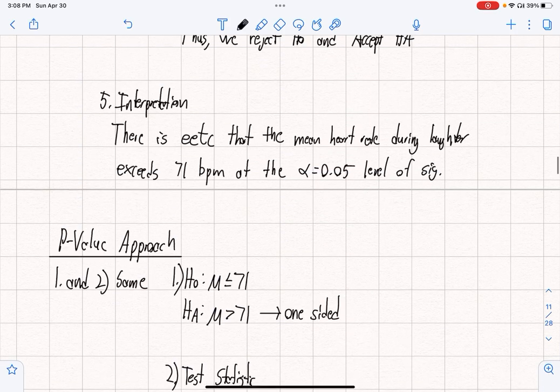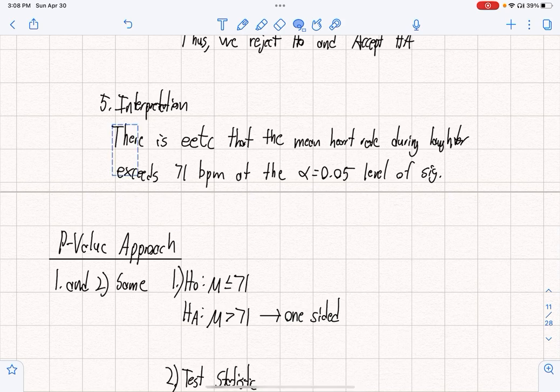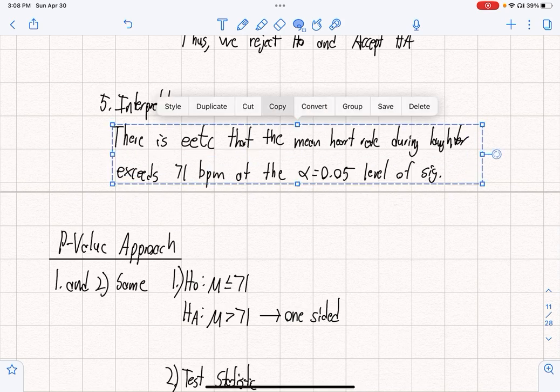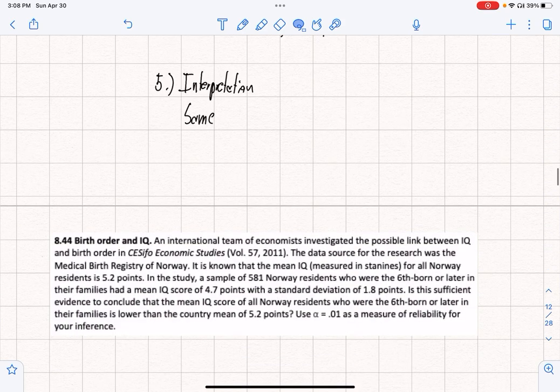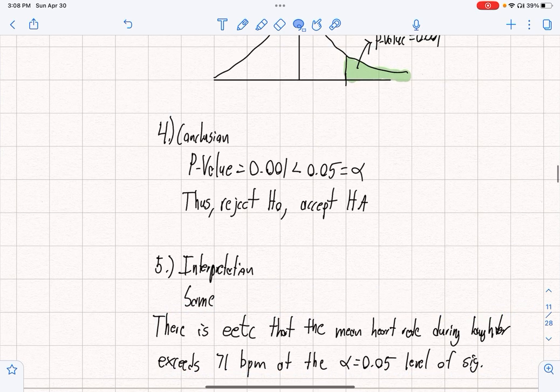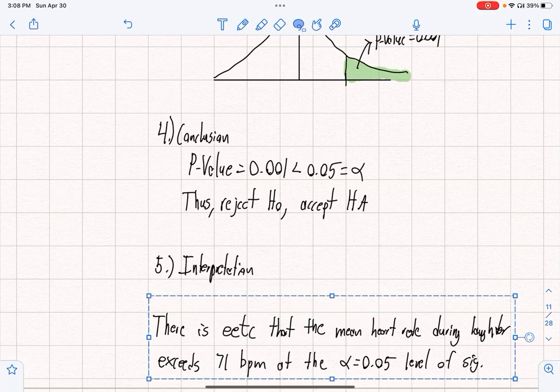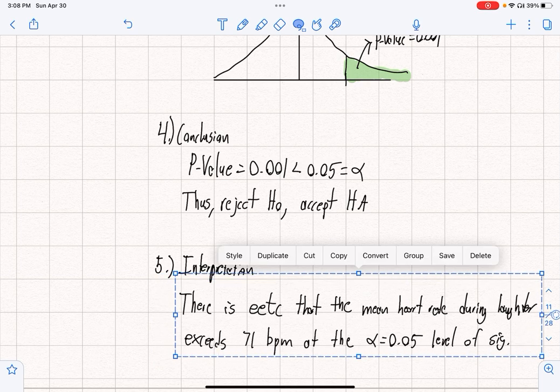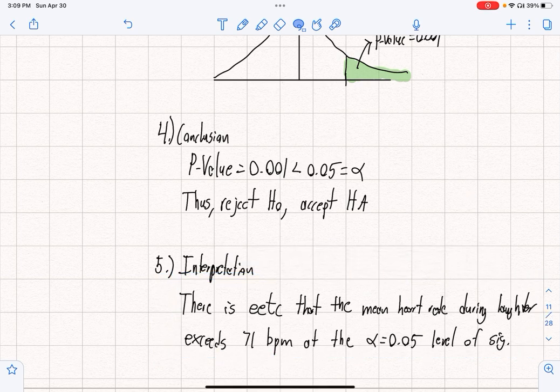So if I want, I could just copy this down here again. If I don't want to be lazy and just say same, I can. So we would still say there's enough evidence to conclude that the mean heart rate during laughter exceeds 71 beats per minute at the alpha equal 0.05 level of significance.